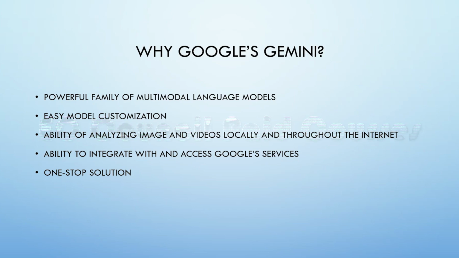You can also look at analyzing images and videos locally and also through the internet. And it's in general a one-stop solution for a lot of things that you can easily get access to and easily generate content based on.